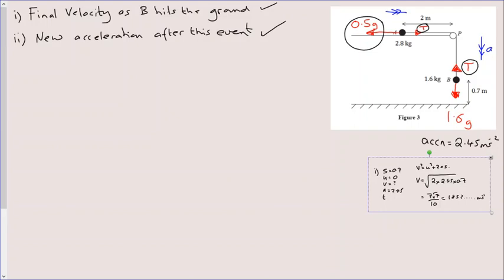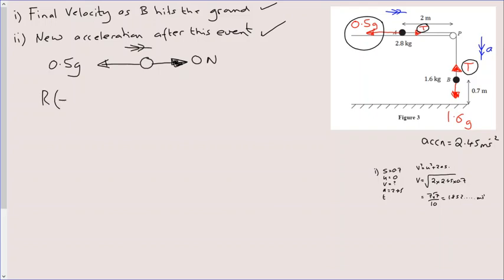Once B hits the ground, the string becomes slack and tension goes to 0. So my new force diagram would look something like this: 0 newtons in that direction, and we still have 0.5 G newtons opposing that. I know it's going to be decelerating, but I like to choose the direction of travel as the positive direction, so I'm resolving in the positive direction of motion.